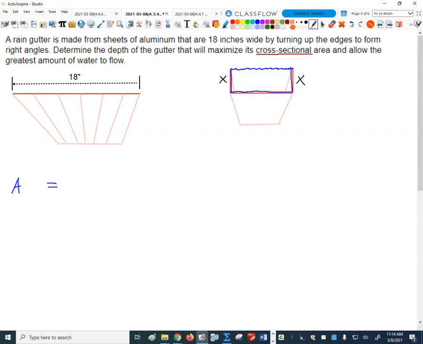So what's the width of the gutter going to be after I make those bends to create the trough? What do you think? Still waiting for some answers. We said that the depth we were going to call x. That's an unknown, so we have to call it a variable, right? Because we don't know what the value of the depth is yet.